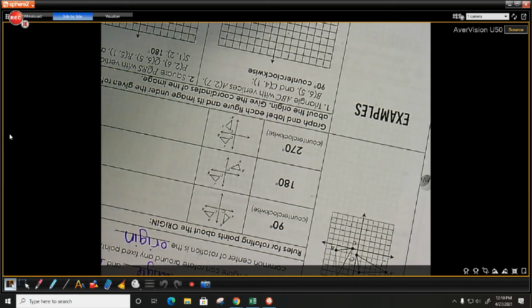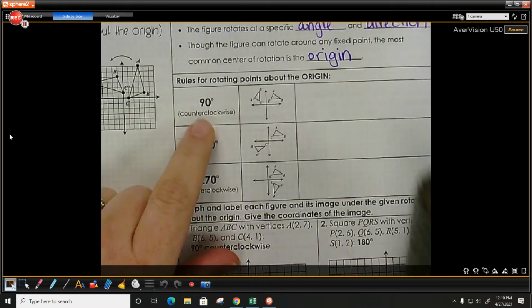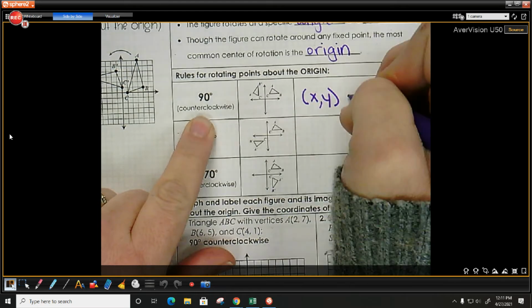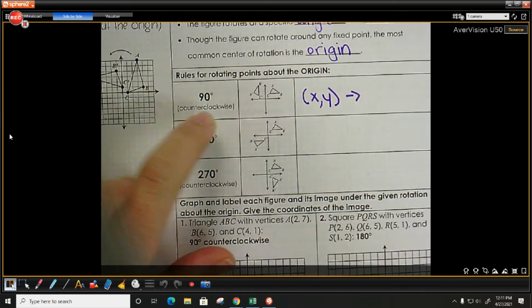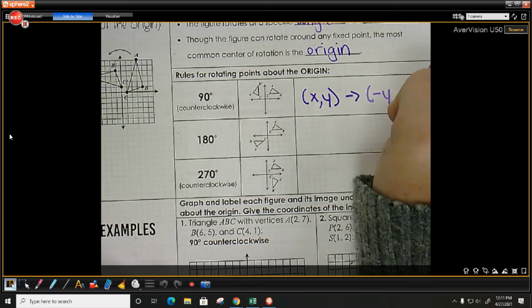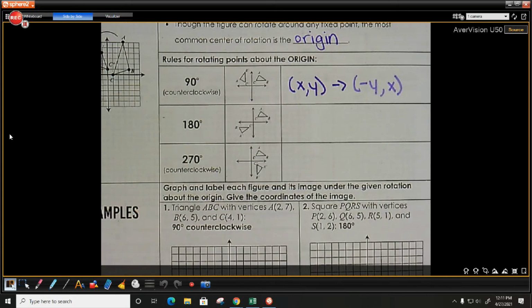Okay, but counterclockwise, we're going to follow the rule. For 90, my point x, y will become point negative y, x. So you're flip-flopping them and changing the y sign.